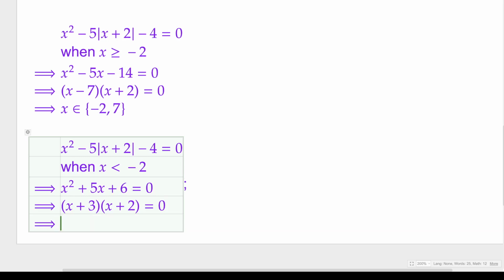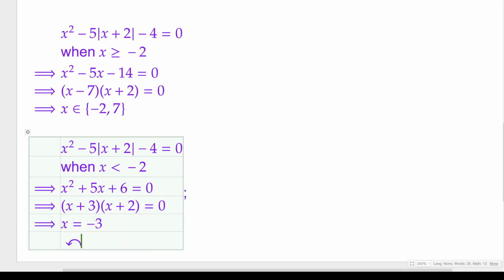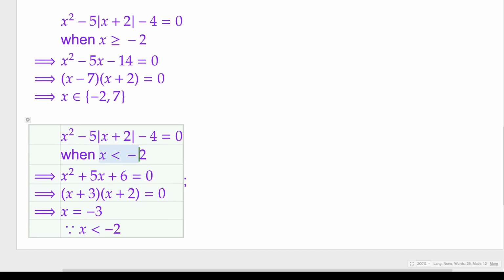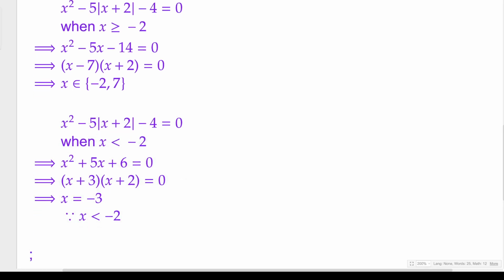From this, the only acceptable value for x is negative 3. Why? Because x has to be strictly less than negative 2, and negative 2 is not strictly less than negative 2, so that is false. So finally the acceptable values for x are minus 3, minus 2 and 7, so the number of roots for this equation is 3.